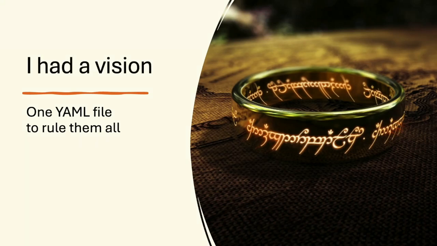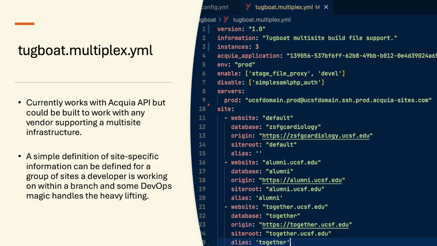I came up with this idea that there's this one YAML file to rule them all. The YAML file is called the Tugboat multiplex YAML file. I didn't want to call it a multi-site YAML file because that was just repetitive. Right now it only works with the Acquia API because that's all I had time for. But you could easily extend it to work with pretty much any service provider.